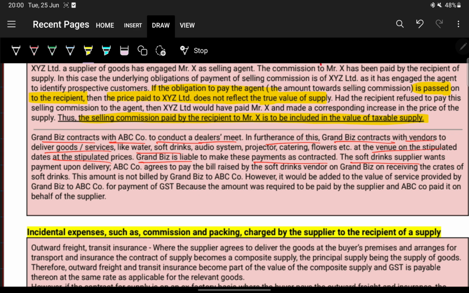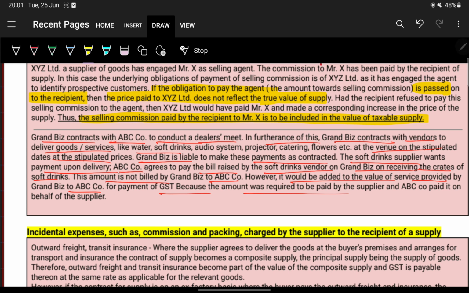The soft drinks supplier wants payment upon delivery, and ABC company agrees to pay the bill raised by the soft drinks vendor on receiving the crates of soft drinks. This amount is not billed by Grant Biz to ABC company, right? However, it would be added to the value of service provided by Grant Biz to ABC company for GST, because the amount was required to be paid by the supplier and ABC Co paid it on behalf of the supplier.